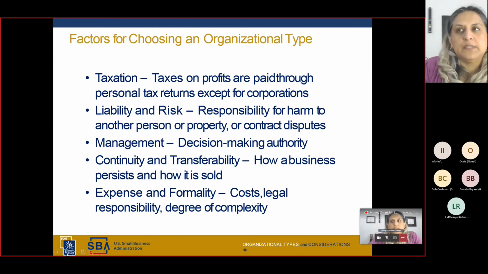The last one is expense and formality. Expenses, complexity, and legal responsibility differ between the different types of business structure. When we get into each type of organization, we'll go over each one of these factors. Next slide.